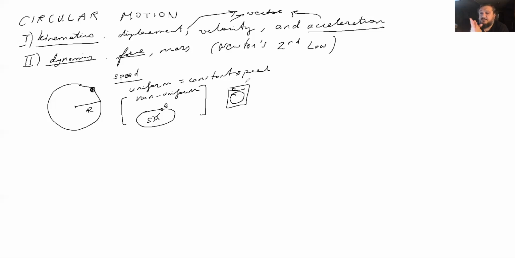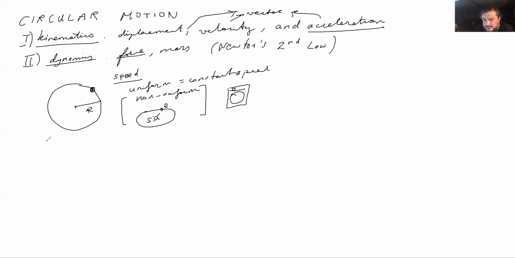But if you're thinking about objects that are rotating or revolving, like a revolving door, that's rotational motion. And the analysis of it requires a little bit more, especially the dynamics part. All right. So today we're going to be doing only point particles going in circles. All right. So the speed.